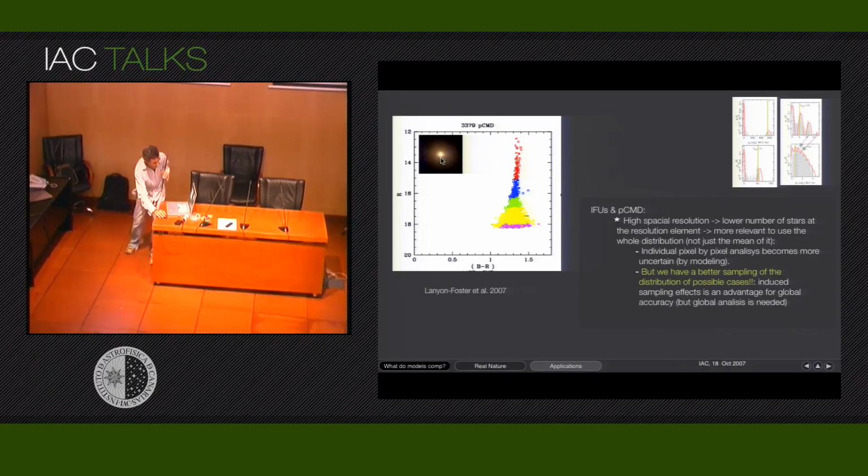So instead of a mean value, more or less Gaussian, you begin to get distributions that are not Gaussian. And if you sample this distribution and fit its shape, it provides much more information about stellar evolution than just fitting the mean value.